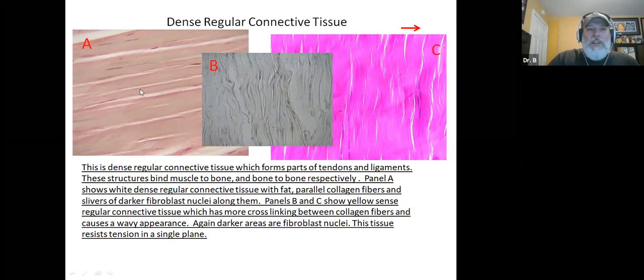So again, be able to identify those fibroblasts and then look at the directions that the fibers are running. If the fibers are all running parallel to each other or in the same direction as each other, it's dense regular connective tissue. And again, that's going to be found in tendons and ligaments.